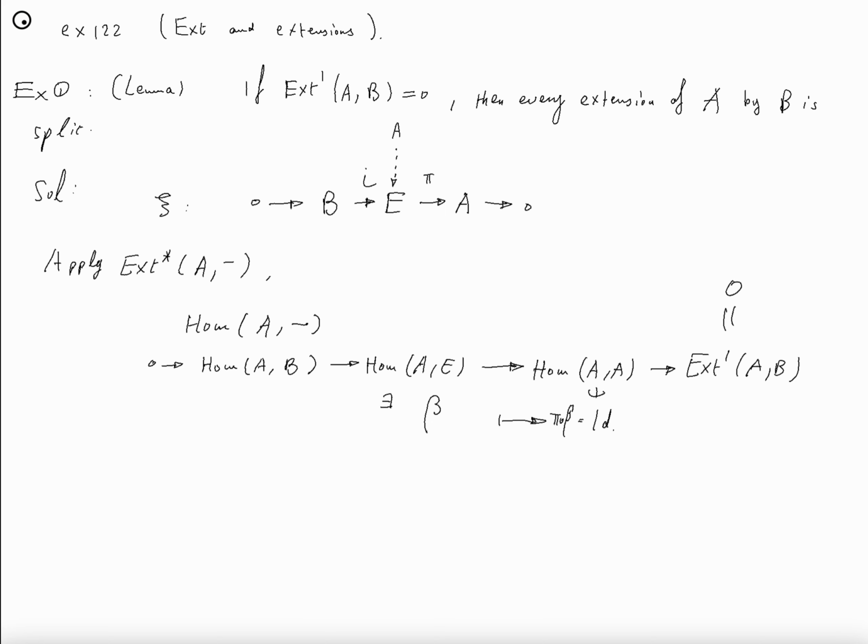Which means there exists a map, called beta, such that beta composed with pi is the identity. This is saying that it's split. Okay.